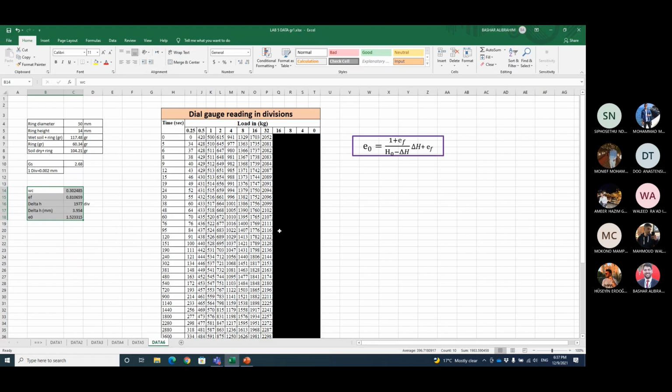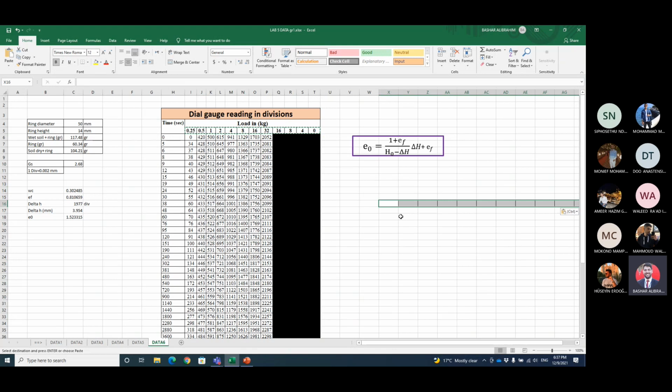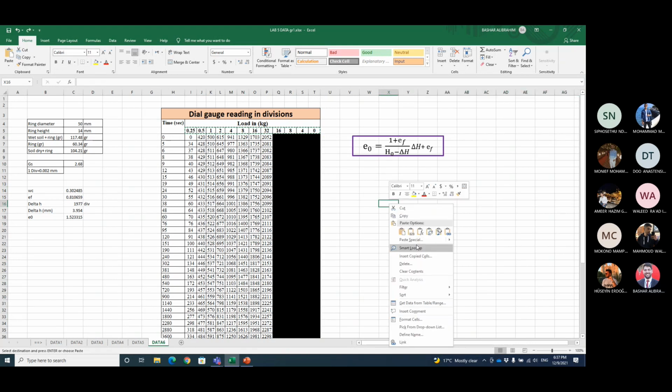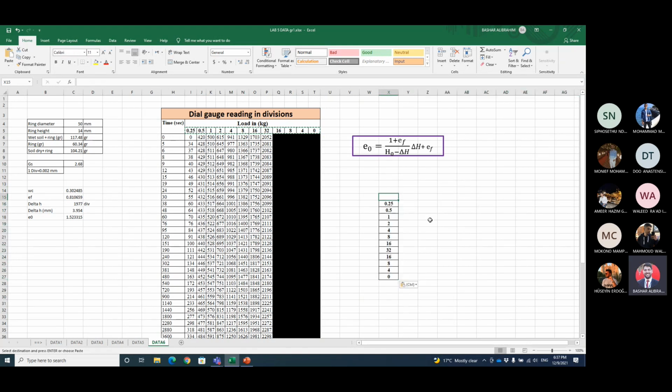So first I will take the load in kgs, and I will paste them here. I will make my table over here. Oh, sorry. Okay, so this is loads in kgs.